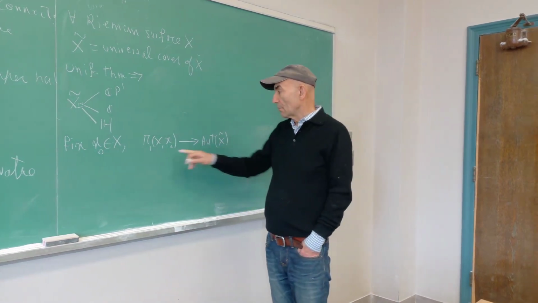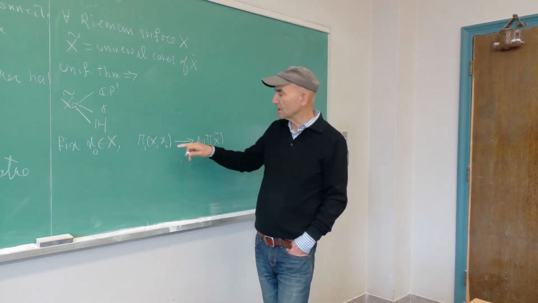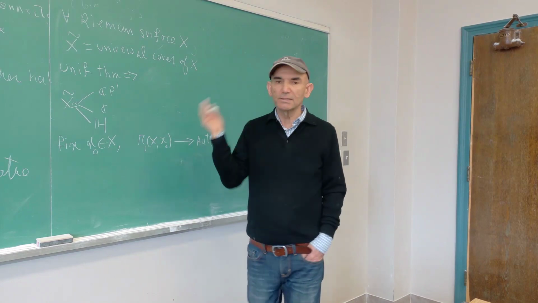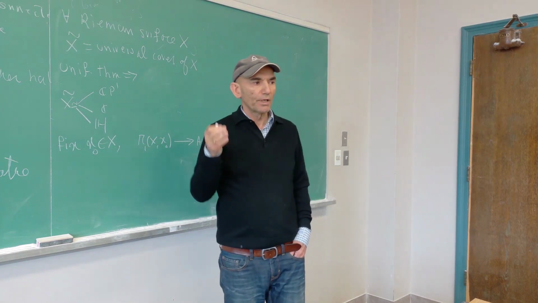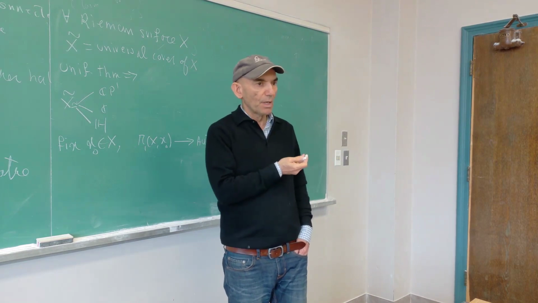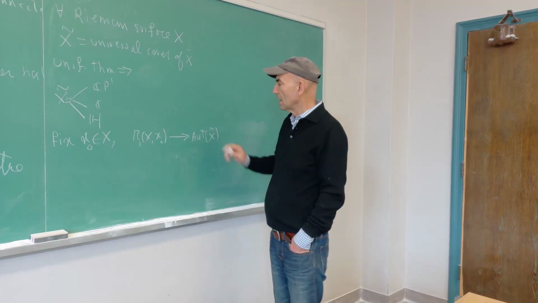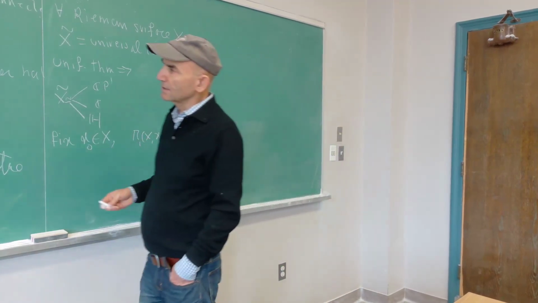Now, because we are in the holomorphic situation, this action is not just by deck transformations, which would be smooth. In fact, they are going to preserve the complex structure at the same time. So if you really go into automorphisms of X tilde, which is one of these three cases, right?